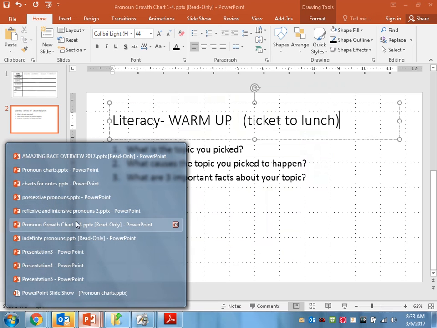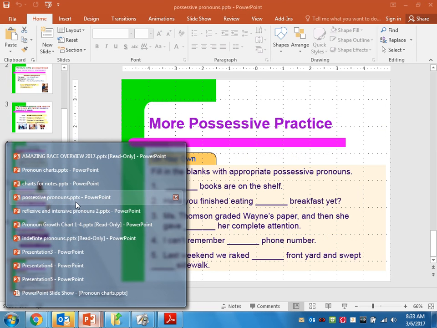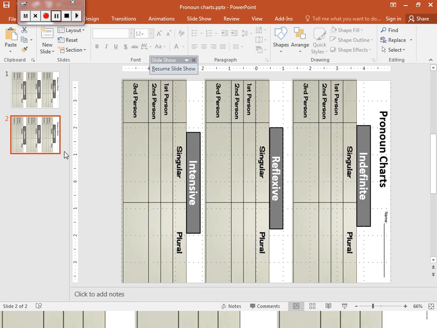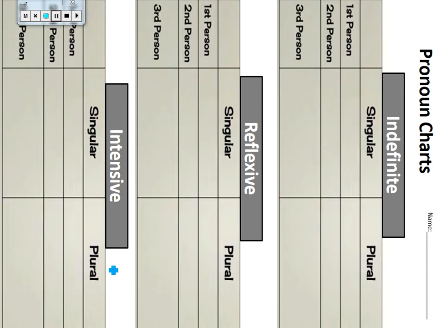So on your chart, not that. I have so many tabs open. Okay, so on your chart, in the back of the top, I want you guys to really cross out, my tablet turned off. Okay, so at the top of the back, where we have indefinite, cross out first person, cross out second person, cross out third person.